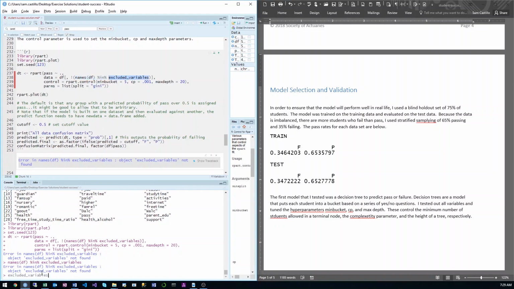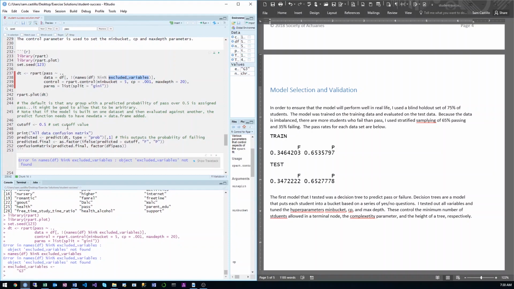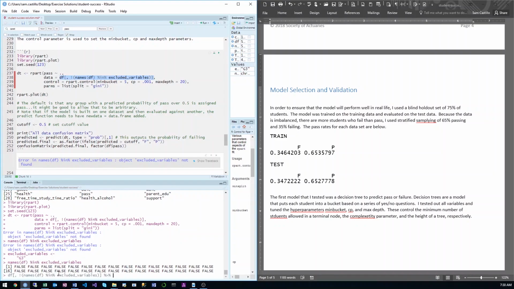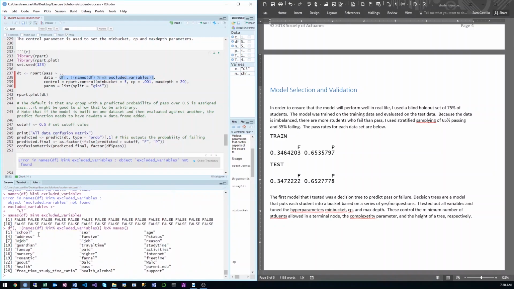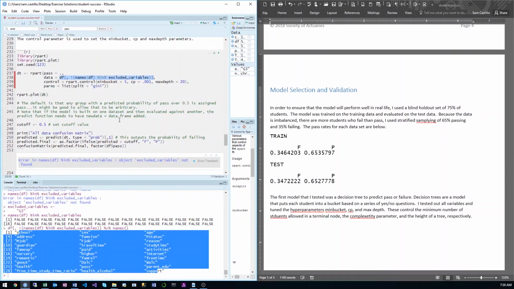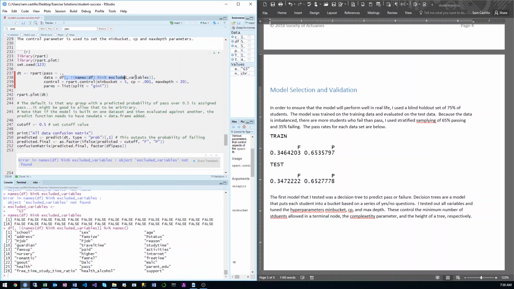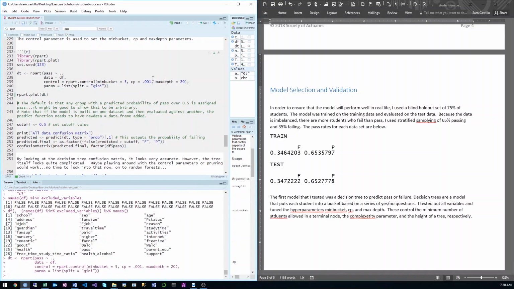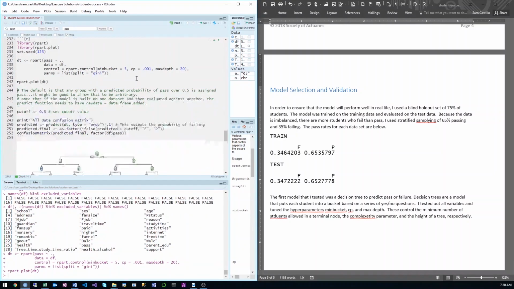So you just say this is equal to G3, and then if you run this section of code, you'll see what they're talking about. This just creates a data frame, and then I can look at the names of that data frame, and it's just every variable except for G3. So I can just get rid of this because I don't have G3 in the data anyways. And then here's my decision tree.